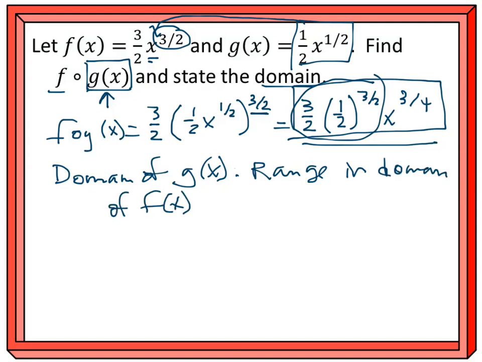Right? Because we're going to take something for g of x, stick it in, and whatever we get as an answer, which is the range, we're going to stick that answer in for f of x. That's what function composition means.